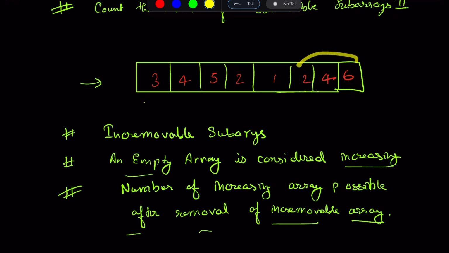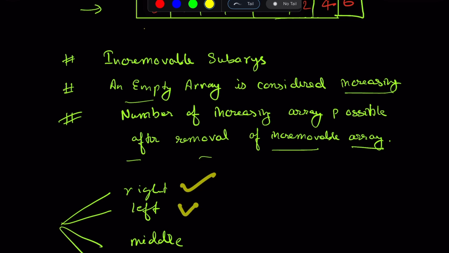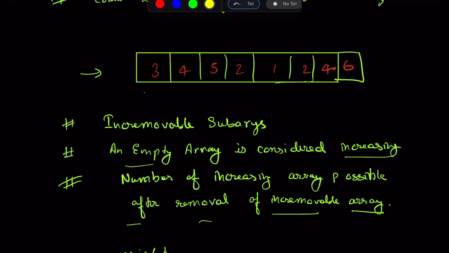It is just how many elements are there on the right. If we remove this, then it is strictly increasing. If we remove this, then this 6 is strictly increasing. So we have covered left and right. Let's look at how to deal with the situation when we remove from the middle.